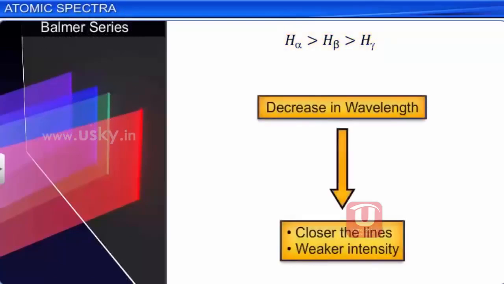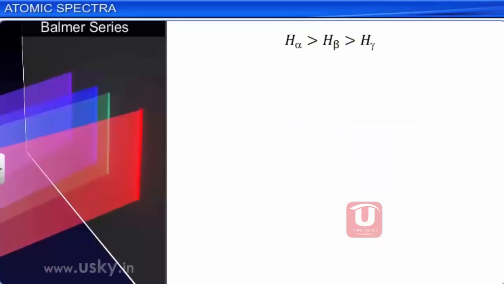The Balmer series lies in the visible region. Now, let us look at the H alpha line of the Balmer series. Balmer gave a simple empirical formula which these wavelengths follow.